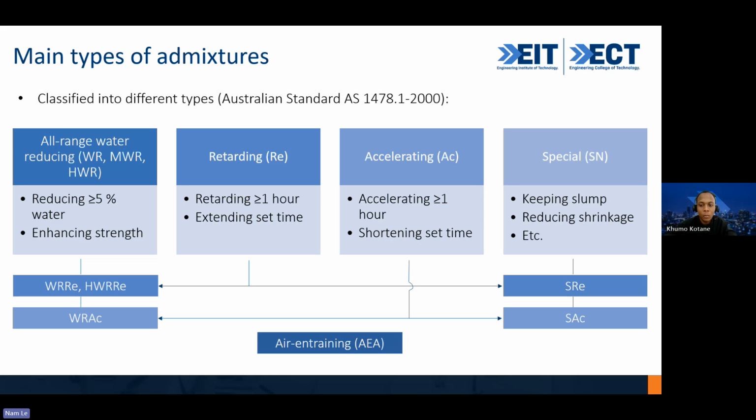The second one is that in hot weather, if you also use the accelerator, the hydration occurs very fast and it can cause problems with cracking. That's why we need to consider properly whether we really need an accelerator to make it happen faster. Yeah, hope it's clear for you.